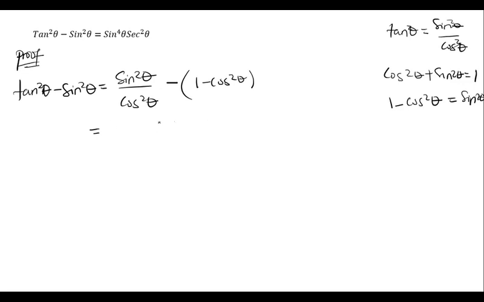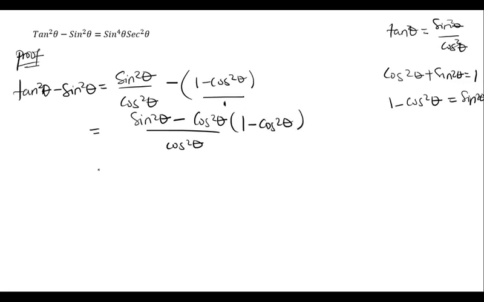So we go ahead and simplify. The LCM for this is cos squared theta. This will go here, 1 times sine squared theta will give us sine squared theta minus the LCM over here is 1, will go here, cos squared theta. So we have cos squared theta multiplying what we have in the bracket, 1 minus cos squared theta.